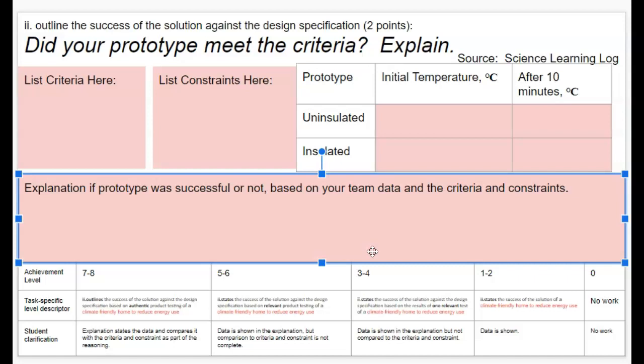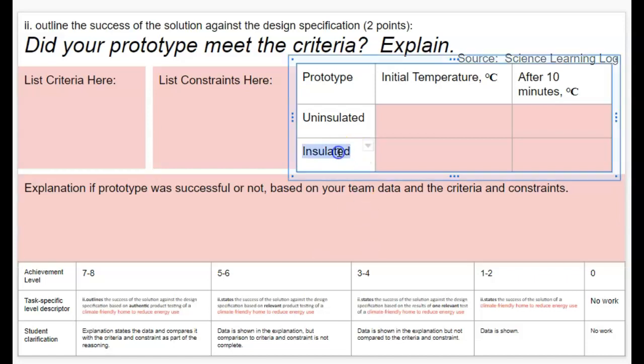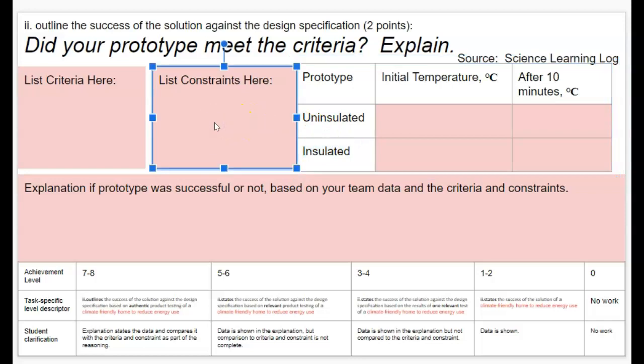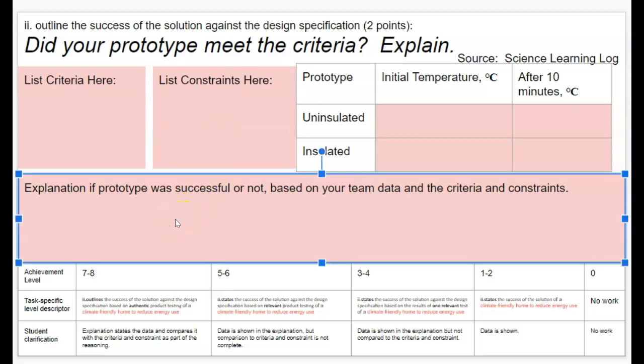Then if it increased for more than 2.8 degrees Celsius while insulated, then your prototype would have failed the criteria. If your prototype is bigger than the bin that I gave you, then your prototype would have failed the constraints as well, right? So you will explain all of this here.